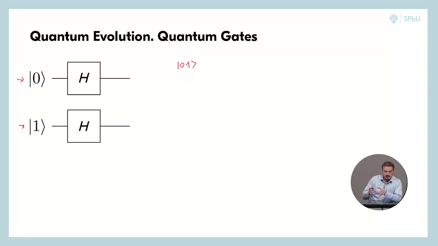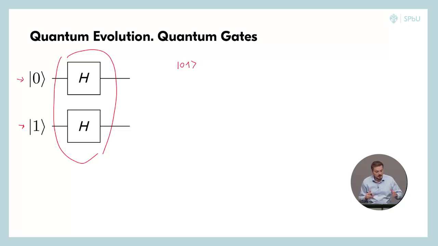And you can see that we have two qubits here, so the whole transform must be a 4 by 4 matrix. What does this matrix look like, since the dimensionality of the space is 4? It is easy to compute this matrix.